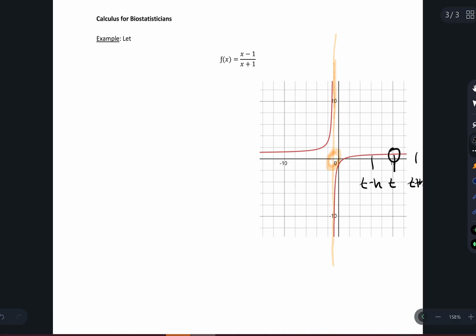We could also look at the tangent line. And we could very easily take the derivative in this part of the function. So when we're taking that derivative, we are considering it at a single point, whether or not that limit exists. And so we can see in this case, at that asymptote, we're not going to have that.